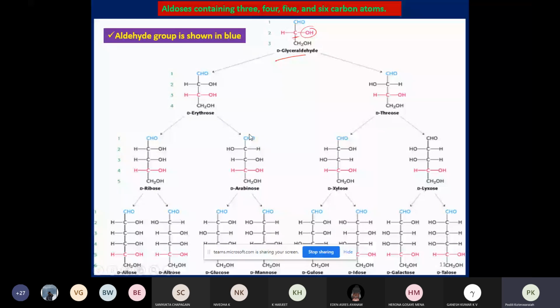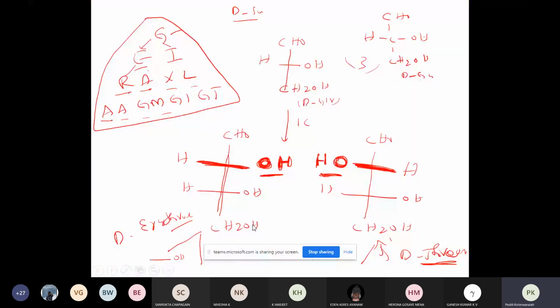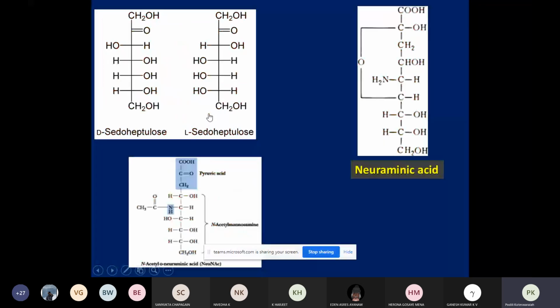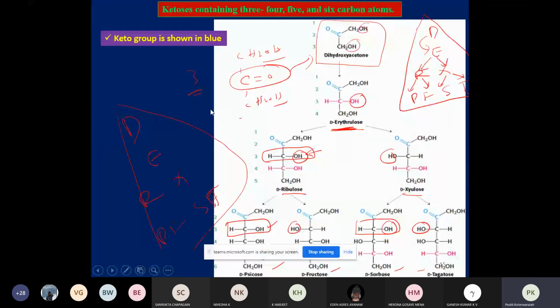So there are many tetroses, pentoses, and hexoses naturally abundant, and we have already said how to remember those structures. And then we also discussed the various ketoses, and the simplest ketose is the dihydroxyacetone. It doesn't have a chiral center.